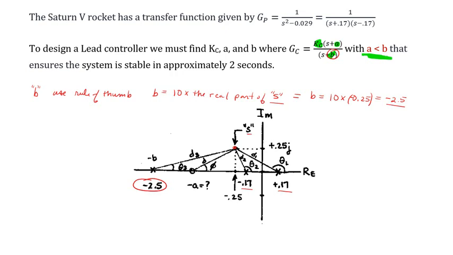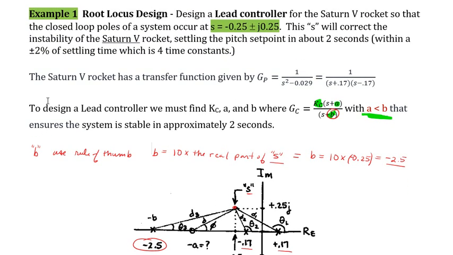So s is negative 0.25 plus or minus j0.25. So we see the value of plus 0.25j, and here's the value of negative 0.25. There's obviously another one down here at this point, but we don't need to use it for our work here.